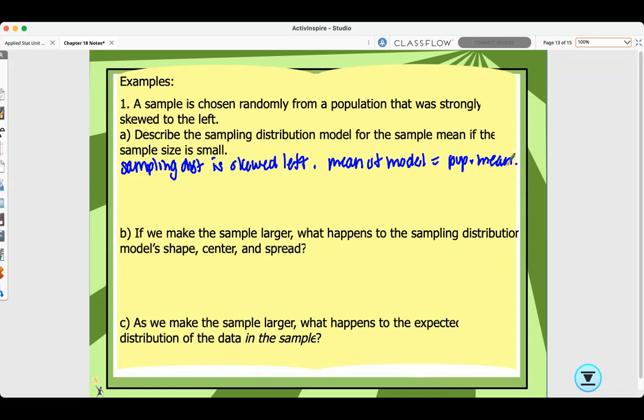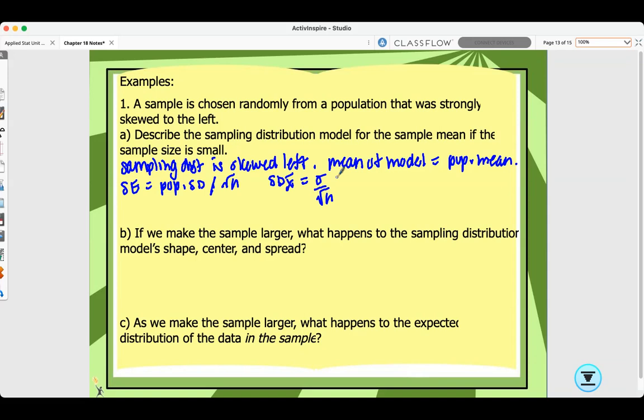The standard error would be equal to the population standard deviation divided by the square root of n. So you'd have the standard deviation of x bar equals sigma over the square root of n.